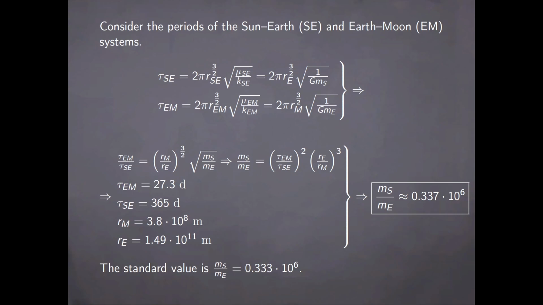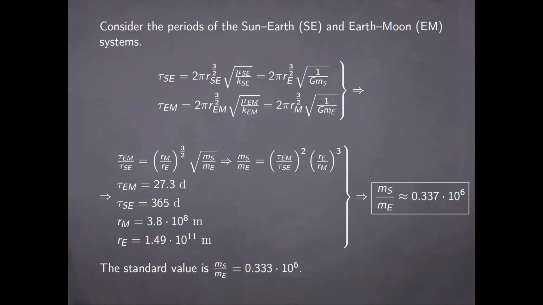So the square of the ratio between the Earth-Moon and the Sun-Earth periods, and the radius of the Earth divided by the radius of the Moon cubed. Now, these quantities are all known, so we know the periods of the two orbital motions in days.